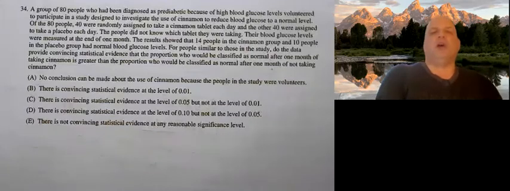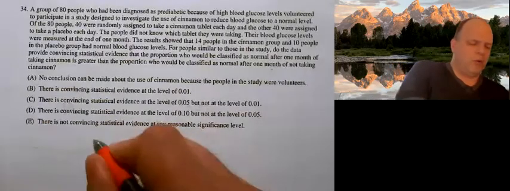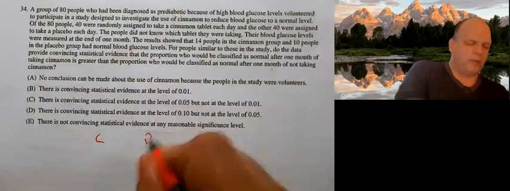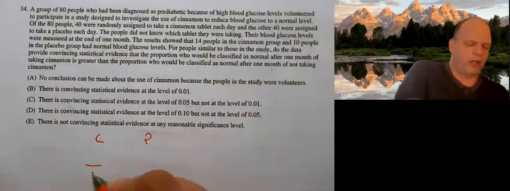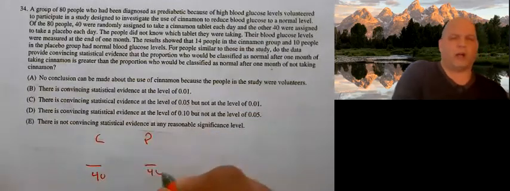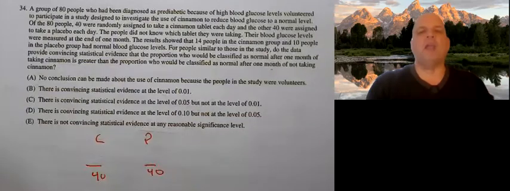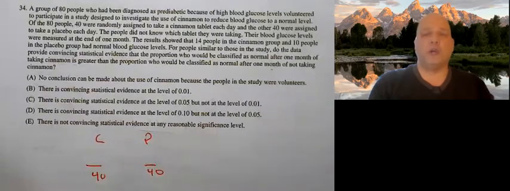The people did not know which one, so we have placebo, we have cinnamon. We have 40 here and 40 there. The people did not know which tablet they were taking. Their blood glucose levels were measured at the end of 1 month.